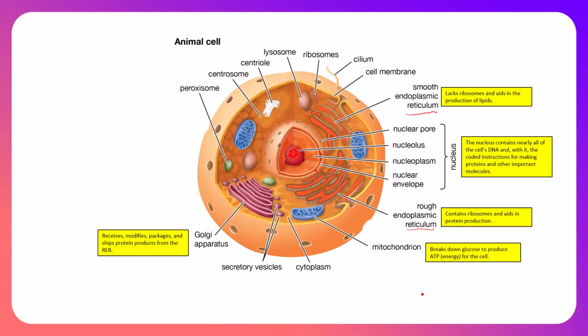Mitochondria is the first of two energy organelles that we'll highlight at the end of the video. But mitochondria is the energy organelle that is possessed by animal cells, and since this is an animal cell, it obviously is going to be included. Mitochondria is the organelle that is responsible for breaking down all of the sugar, all of the glucose, which we know is a carbohydrate, and from our previous videos, we know that carbohydrates function as short-term energy.